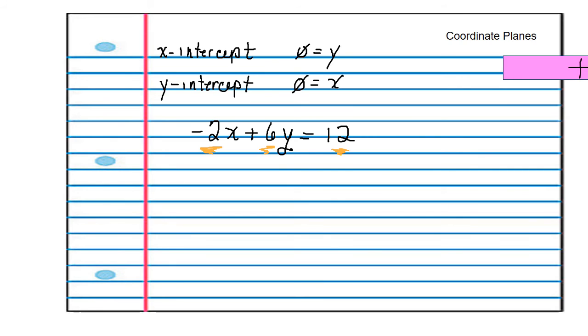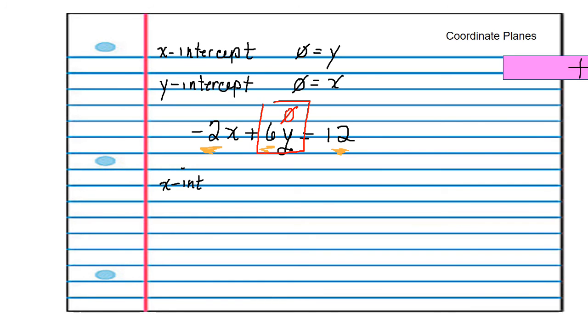So what I'm going to do here is actually put a 0. I'm going to go find my x-intercept. And that means I'm actually going to put a 0 in where my y is right here. And this generally just makes that guy go away.